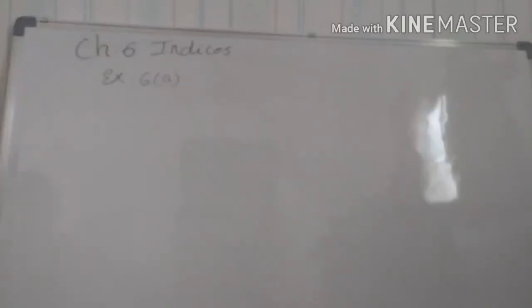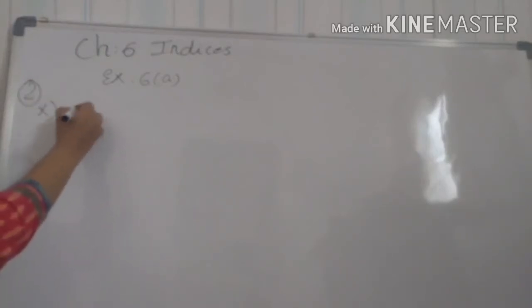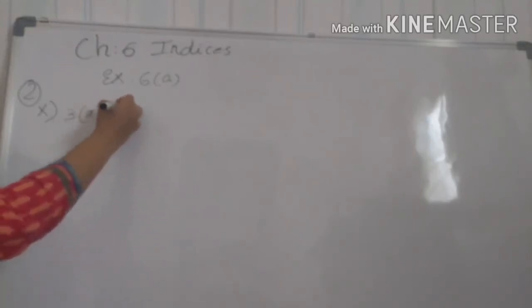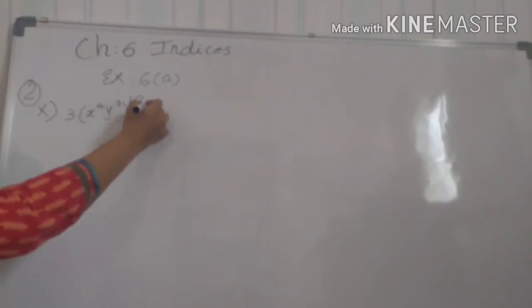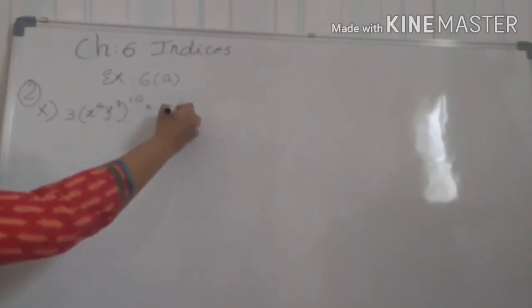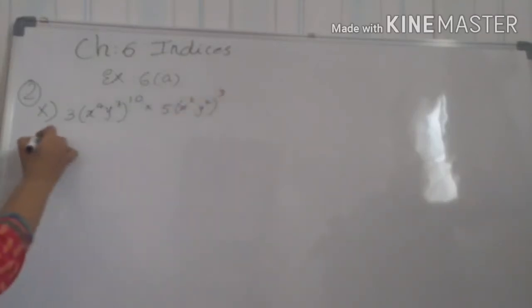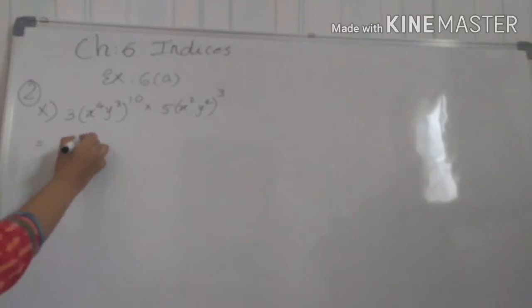Now moving on to next question 2 only, but we'll take question number 10. So here question number 10 is 3 in the bracket x raised to 4 y cube whole power 10 multiply 5 x square y square whole cube. So here first of all I take this numerical coefficients together in one bracket.